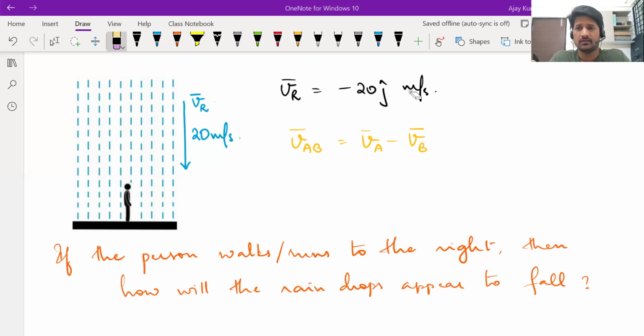Will the raindrops appear to fall differently or will they still appear to fall vertically downward to that person if the person starts moving? Okay, you all imagine this. I didn't get any answer from any of you.